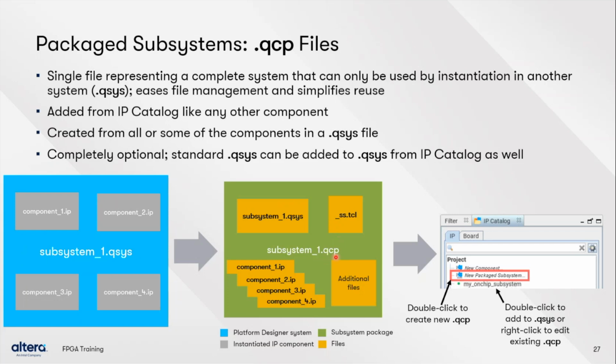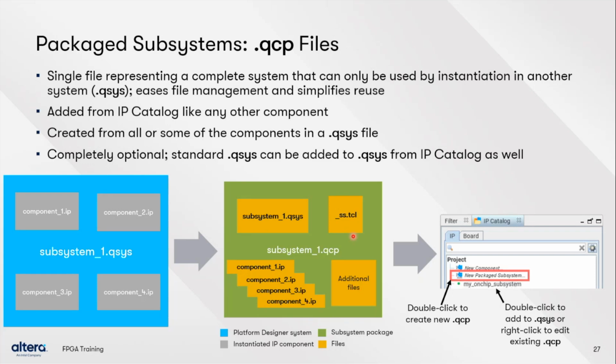A packaged subsystem is a system that has been packaged into a single file. In that file, you've got the QSYS file, the IP files, any other additional files that you want to include, and there's also a script file. The script file allows you to customize the behavior of that package.